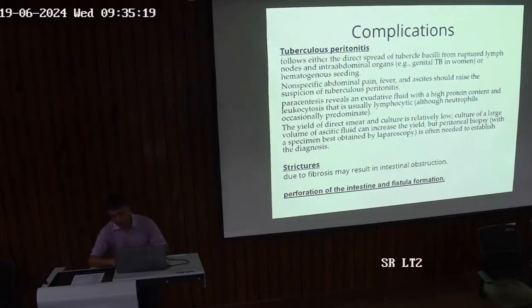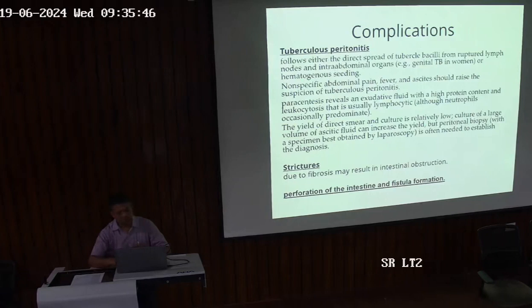When we retrieve the fluid from the peritoneal cavity, we can find a large number of lymphocytes along with a high protein content, which is diagnostic for tubercular effusion. We can prepare a smear from this fluid, stain it with the AFB stain, and see the bacilli.